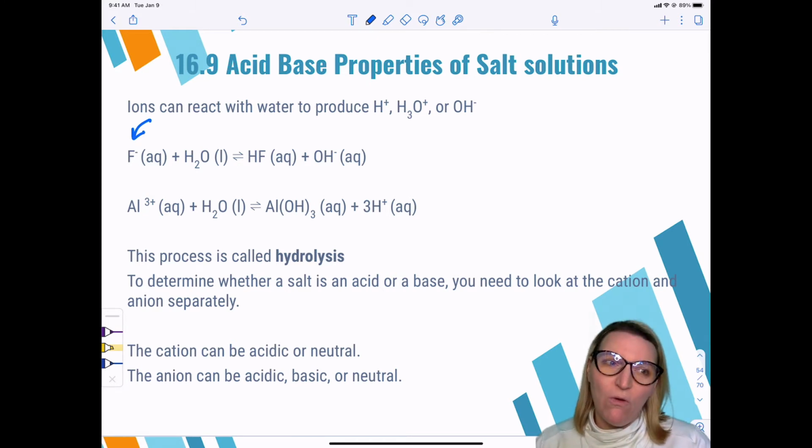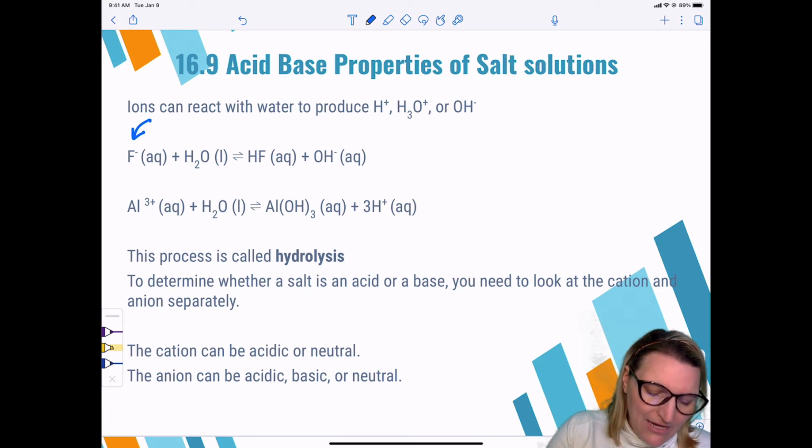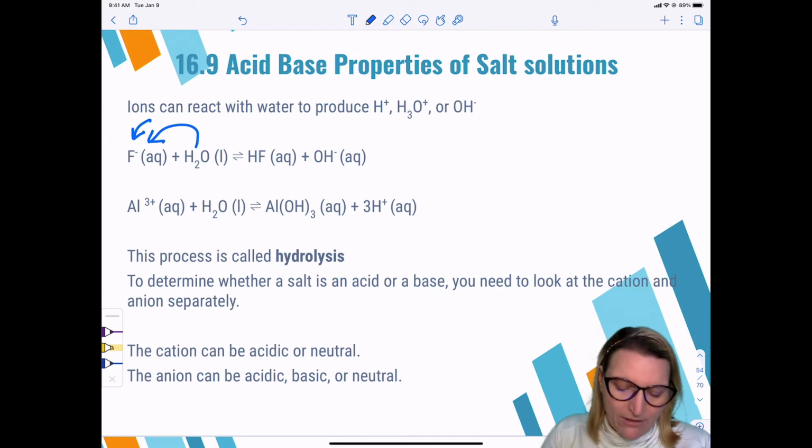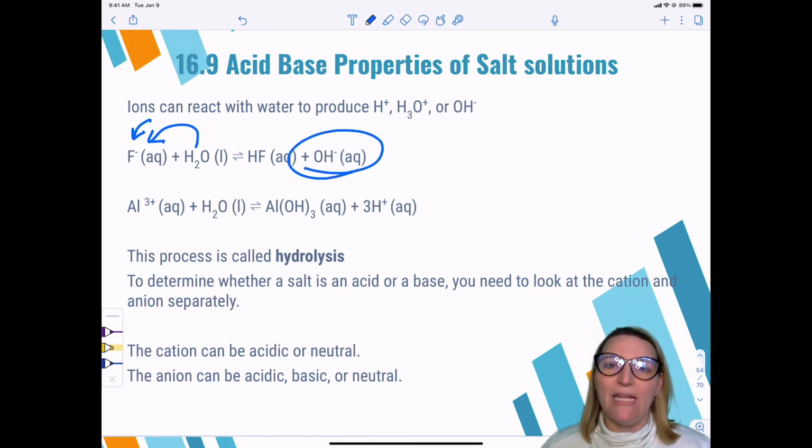Well, since we know that that is the conjugate base of a weak acid, it can react with water and actually pull a hydrogen off of the water, leaving behind OH minus. So if it is the conjugate base of a weak acid, it can actually turn the solution basic. If you were to take sodium fluoride and put it in water, we would notice that the pH would be a little bit higher than 7.